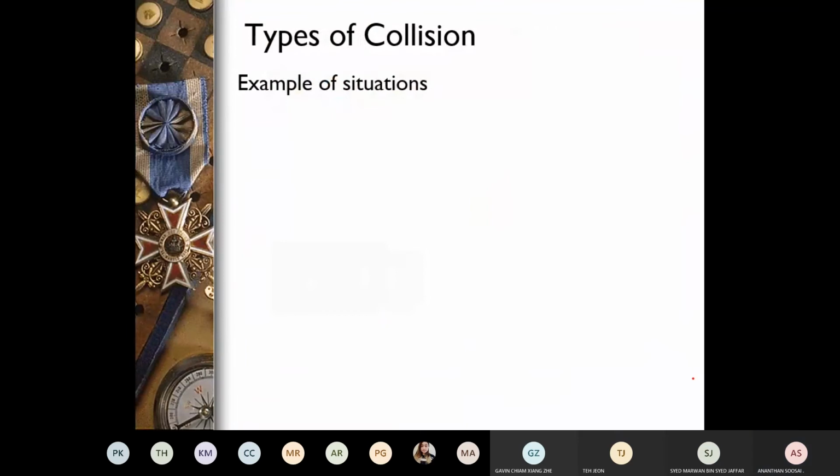Okay. So now we are into collisions. How many types of collisions did you learn? Okay. 2 types of collision, right? Elastic collision, inelastic collision. So first, this is elastic collision. How do you know elastic collision? When you drop a ball, the ball hits the ground and bounces back to the same height, that is elastic collision.